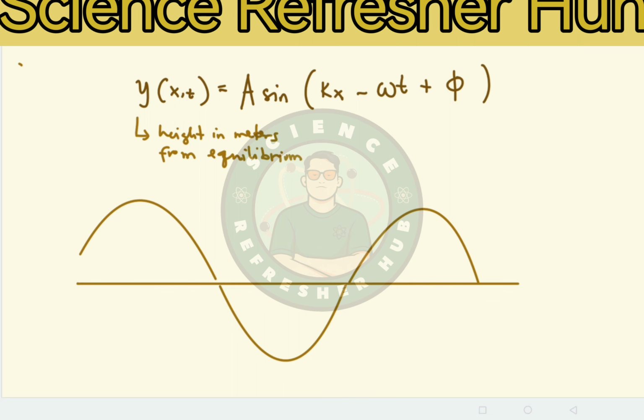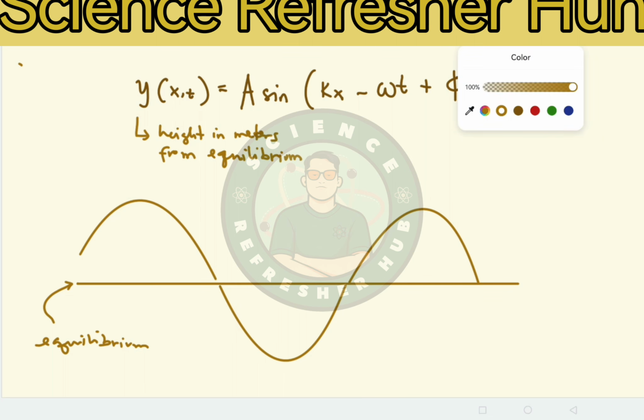The equilibrium is this line here at the center. This is going to be our equilibrium. And as the object moves back and forth, so it goes up, down, up, down repeatedly in a perfect time interval. And if you notice here, I will use another color for this.